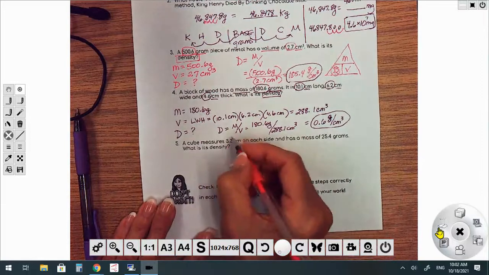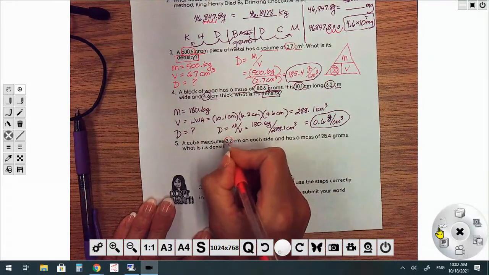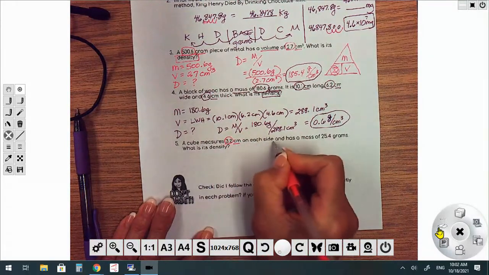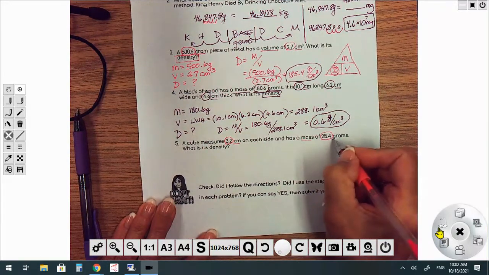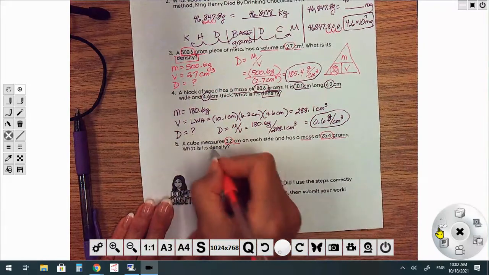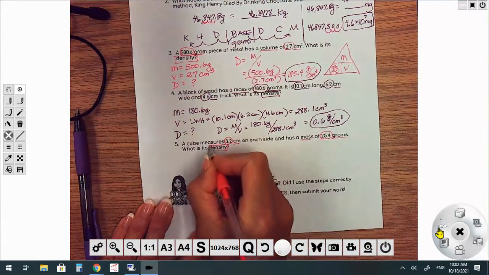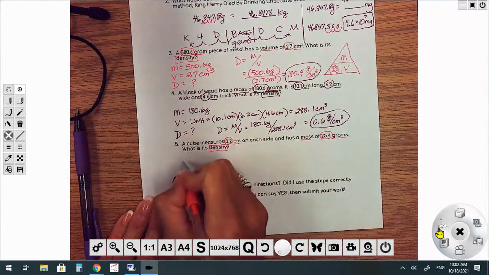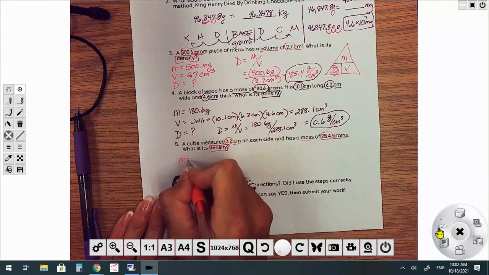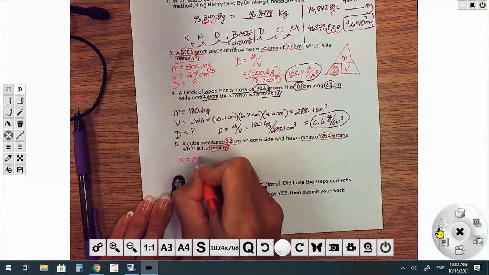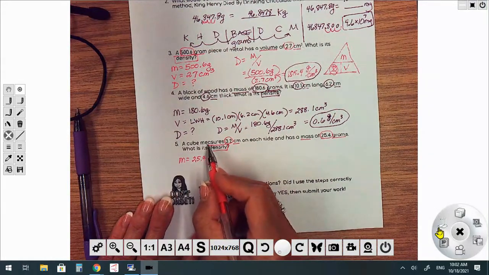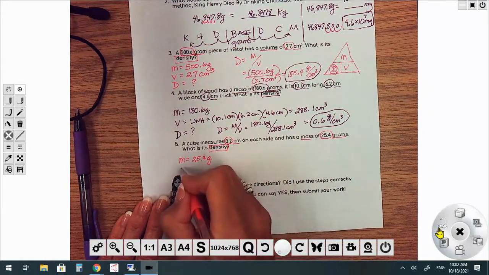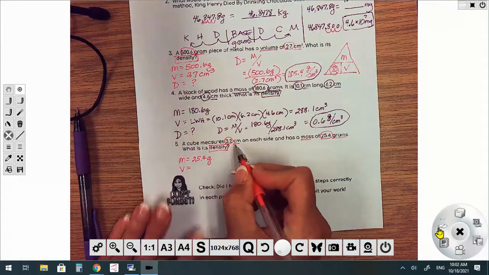A cube measures 3.2 centimeters on each side and has a mass of 25.4 grams. What is its density? All right, so we have our mass of 25.4 grams and a cube. Remember, a cube means that every side is going to be the same length.